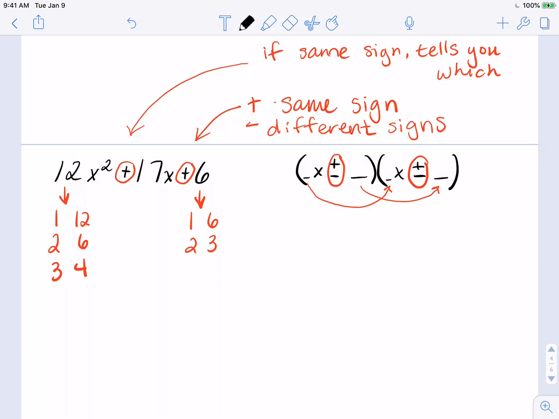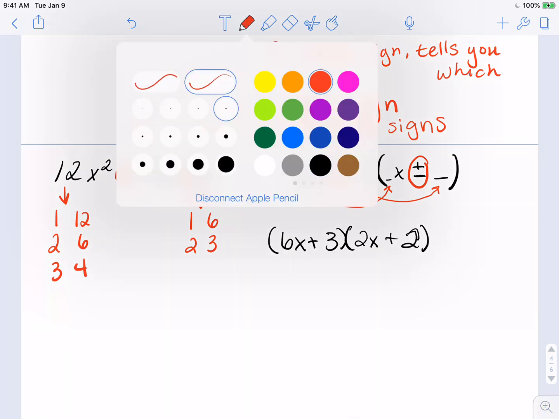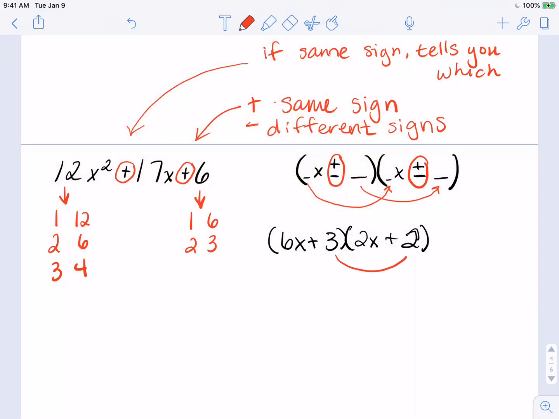So let's go with 6x plus 3 and then the factor of 6x is 2x to make 12, and then 3 and 2 is 6. So again, these two need to multiply to equal 6, and these two need to multiply to equal 12.